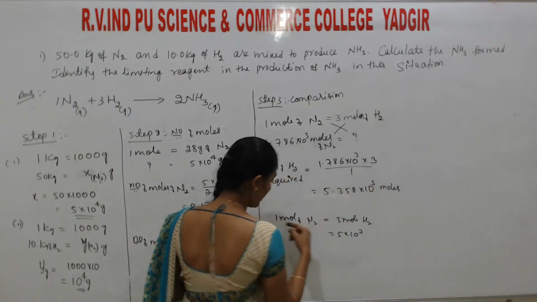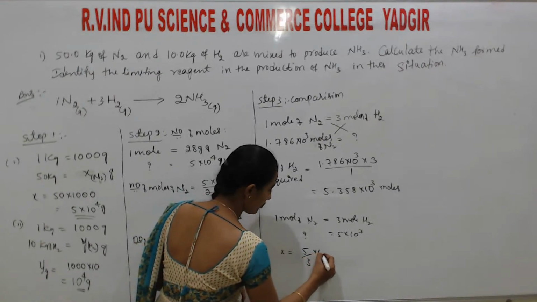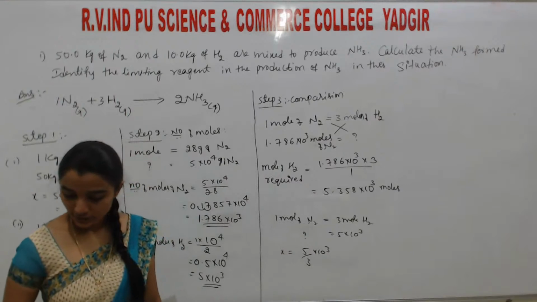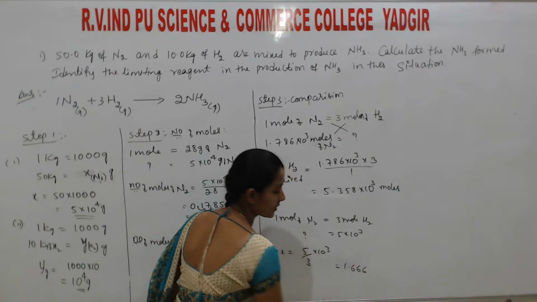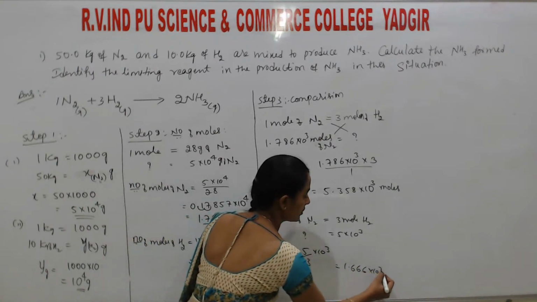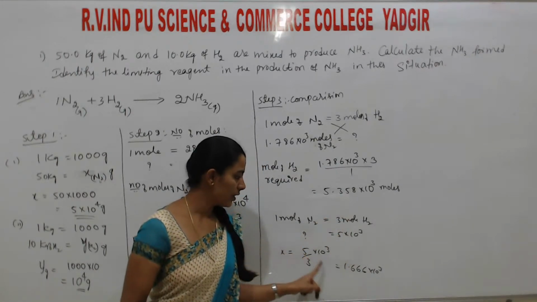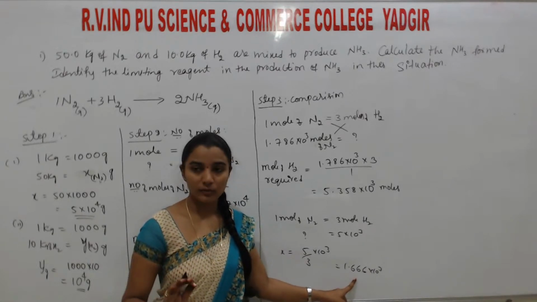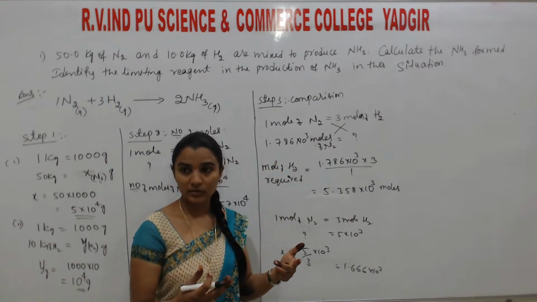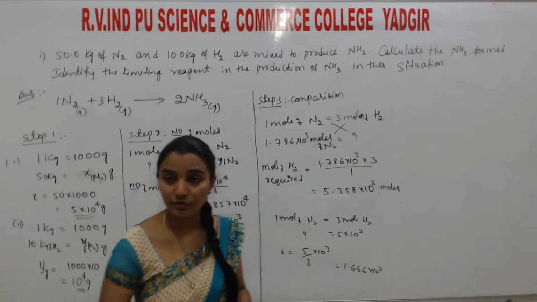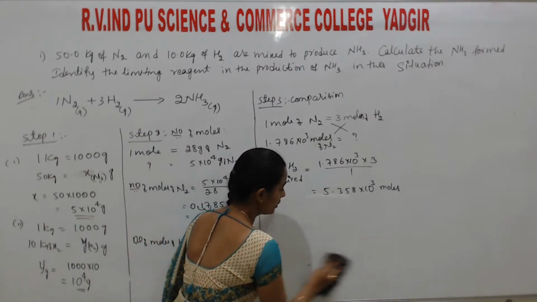Okay, listen. If you compare this, you will get moles of N2 is equal to 5 divided by 3 into 10 power 3. So 5 divided by 3 means it is 1.666 into 10 power 3. To react with 5 moles of this H2, we require only 1.66 moles of N2. But availability is 1.78. It is excess. Understood? This is just a comparative reaction. Don't bother about that.